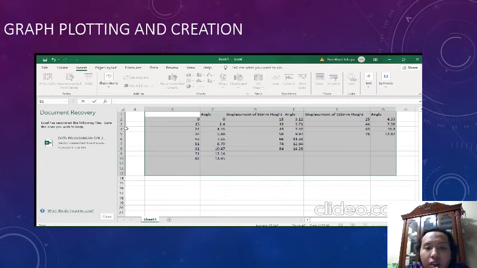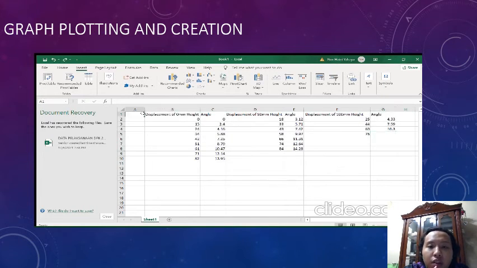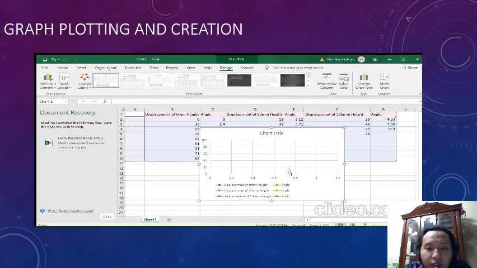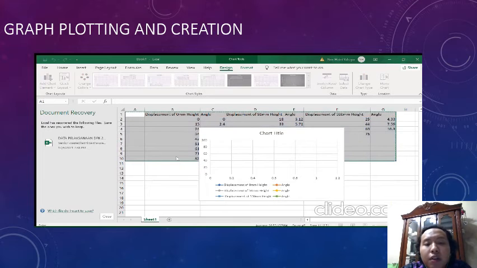The other thing I want to apologize for is that I don't know why, but the screen recording does not show the selecting data. So I just explain here.